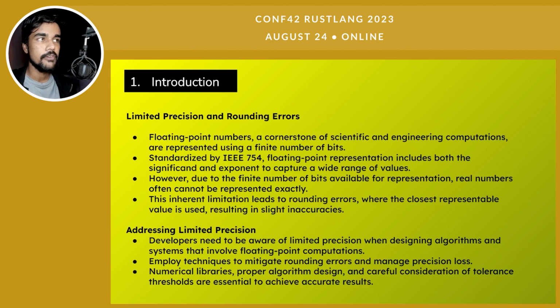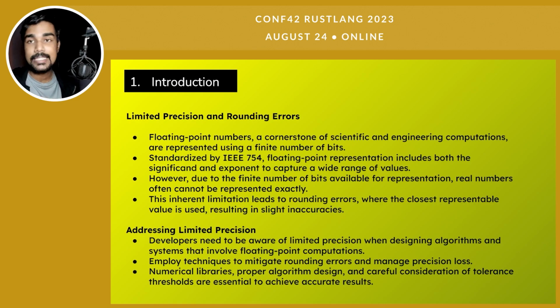First of all, there are a couple of important things, or rather issues, that can come up while you're coding with floating point numbers. This is a drawback: floating point numbers have limited precision and rounding error problems.